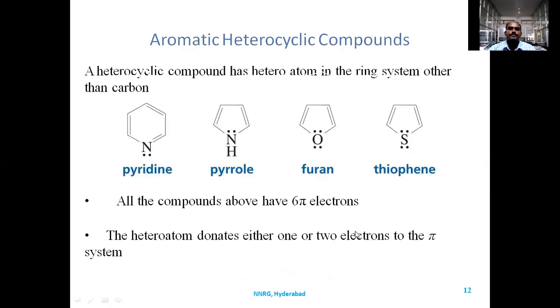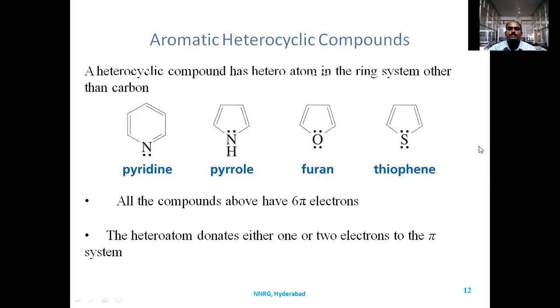Other compounds are also aromatic in nature, such as aromatic heterocyclic compounds. A heterocyclic compound is a compound having a heteroatom in its ring system other than carbon. If you see this, it is a benzene-like structure, but where a carbon is replaced with a nitrogen, so it is a heterocyclic compound. It is pyridine, and a 5-member ring with oxygen is called furan, a 5-member ring with sulfur we call thiophene.